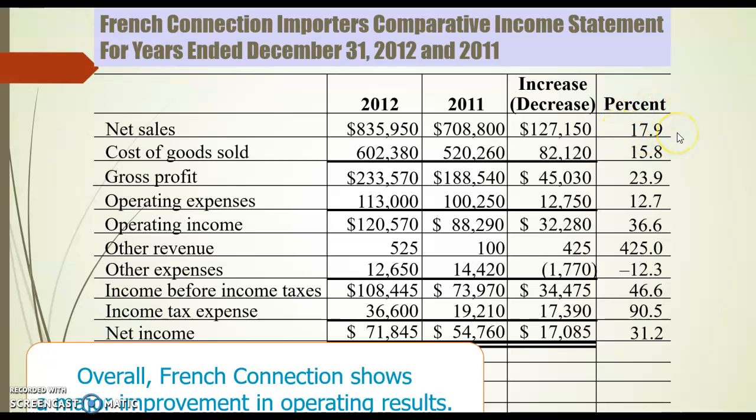annual report. Cost of goods sold, if sales go up, typically the cost of goods sold is going to go up. But we would expect it to go up by the same amount. So if sales went up by roughly 18%, we'd expect cost of goods sold to go up roughly by 18%. But it didn't even go up by 16%.